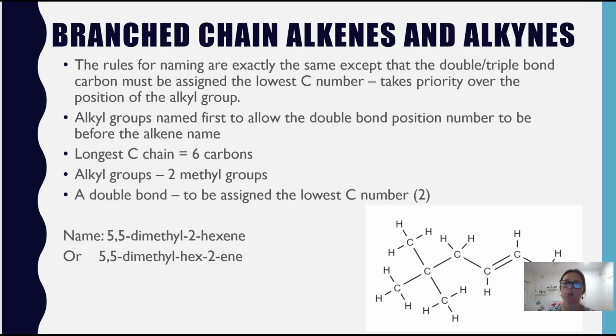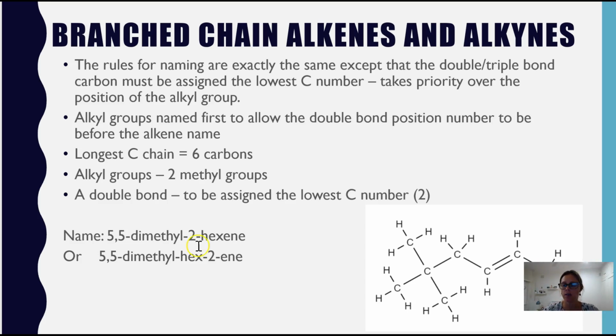So the position of the double or the triple bond is paramount. Once we've got that done, then we go and name our alkyl groups, using that same naming process, using the direction that we're coming from for naming our double or triple bond.